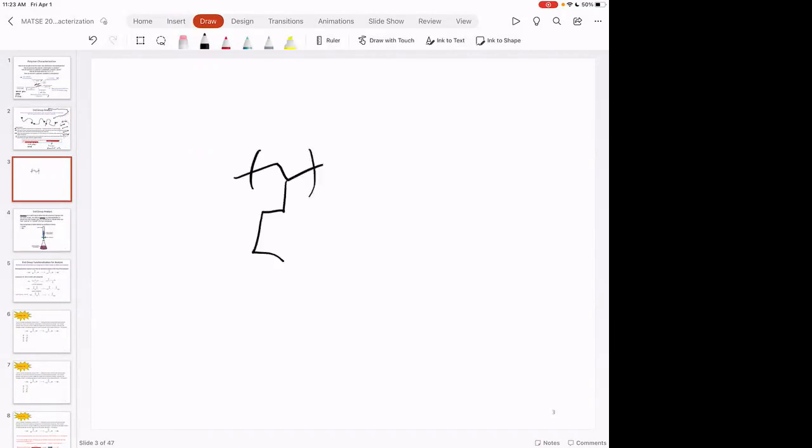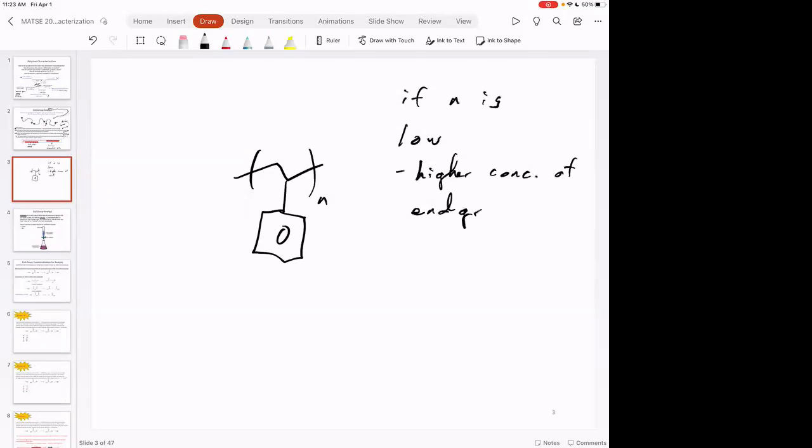Here's polystyrene that we know and love, right? If n is low, that gives us a higher concentration of end groups, right? And if n is high, lots of repeat units, concentration of end groups decreases.